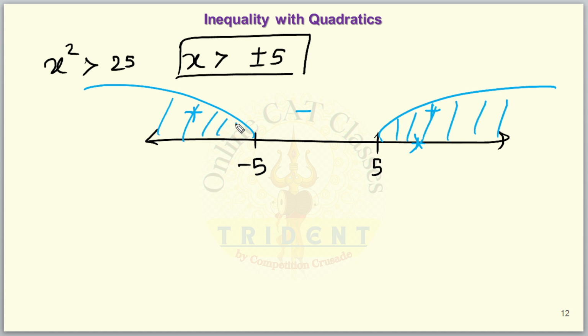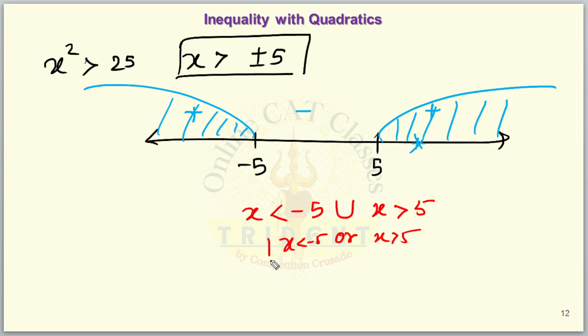So the answer to this question would be x less than -5 union x greater than 5. Instead of this union sign, you can also use the word or. So x less than -5 or x greater than 5. Both of them are acceptable, whichever is given to you.